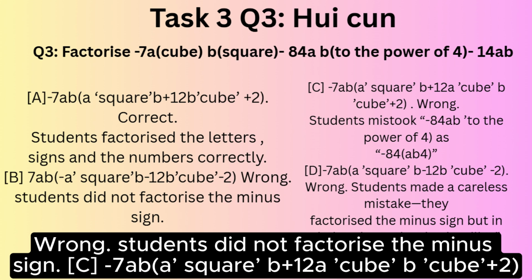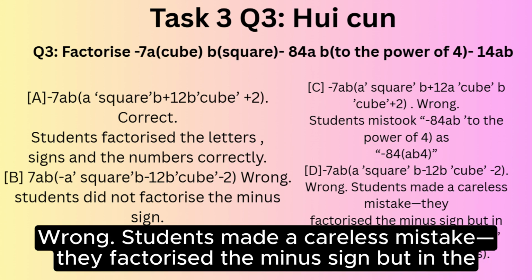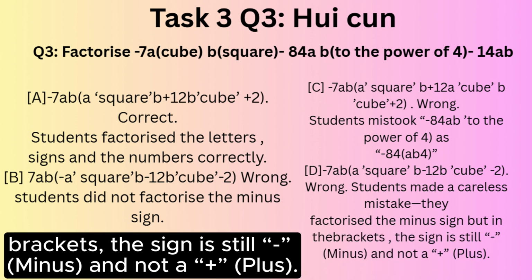C. Negative 7ab bracket a squared b plus 12a cubed b cubed plus square plus 2. Wrong. Students mistaken negative 84a b to the power of 4 as negative 84 a to the power of 4 b to the power of 4. D. Negative 7ab bracket a squared b minus 12b cubed minus 2. Wrong. Students made a careless mistake. They factorized the minus sign, but in the brackets, the sign is still minus and not plus.